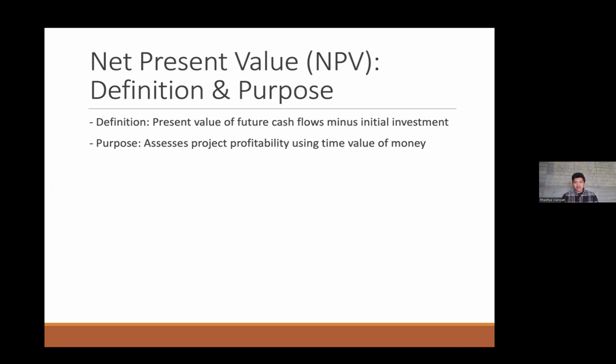Okay, so to determine the NPV, for example, let's say we have a cash flow of $1 million next year for a road construction project.